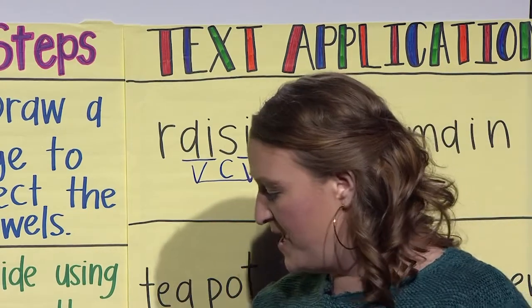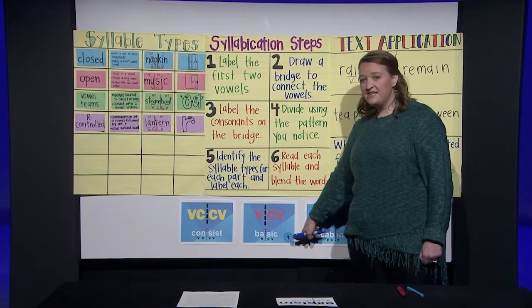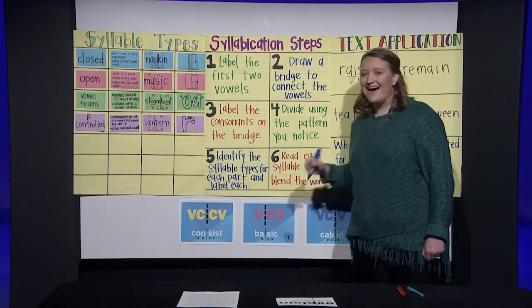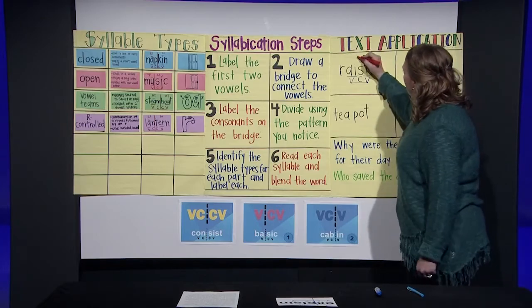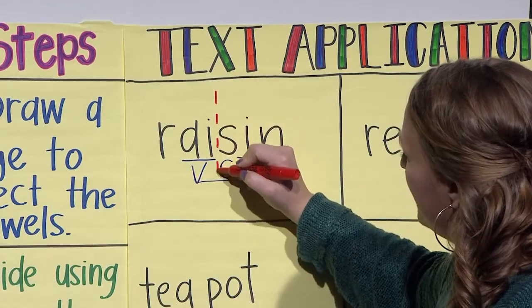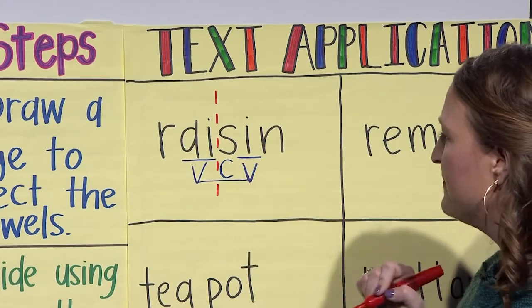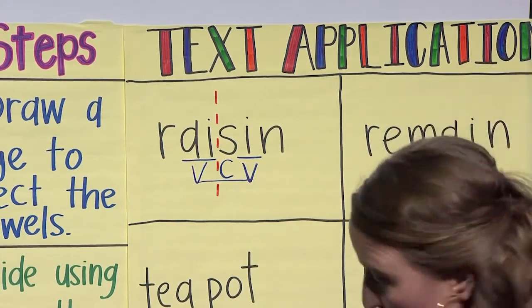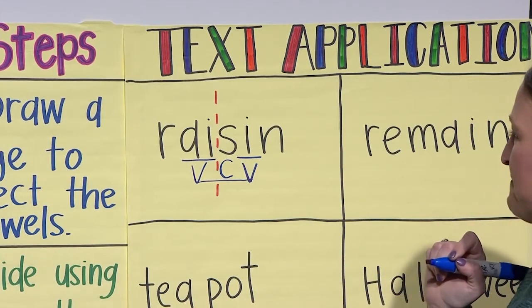Let's look at our charts. We know that when we have a VCV pattern, we always want to start with this one where we divide before the consonant. So I'm going to get another colored marker and put a dotted line right there because we might have to move that line, remember, if it doesn't work. Now, we're ready to identify the syllable types for each part.